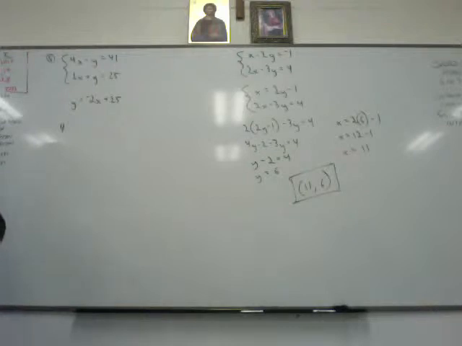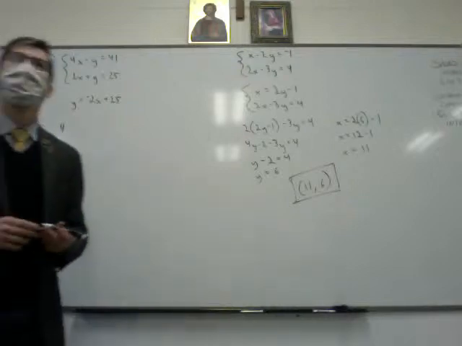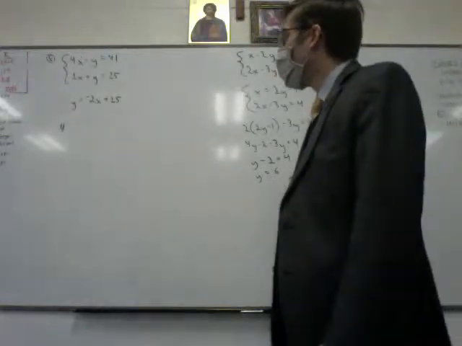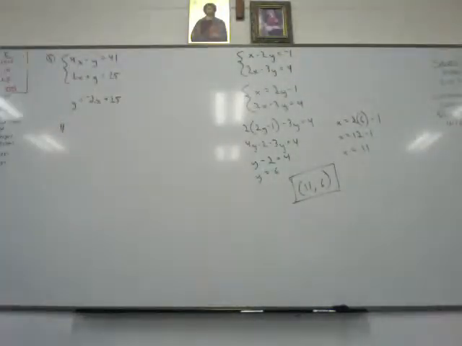Guys, stop. For the negative part, when you move 2x over, you could put that in any way. It could be negative 2x plus 25, or we could write 25 minus 2x. I just like to keep my variables first.